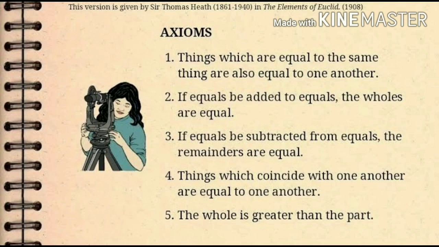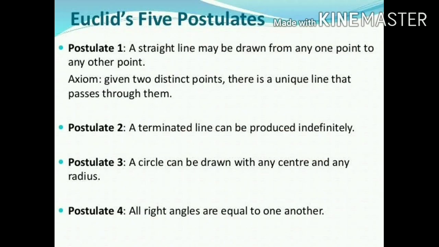Now let us move on to postulates. First postulate states that a straight line segment can be drawn joining any two points. The second postulate states that any straight line segment can be extended indefinitely in a straight line.